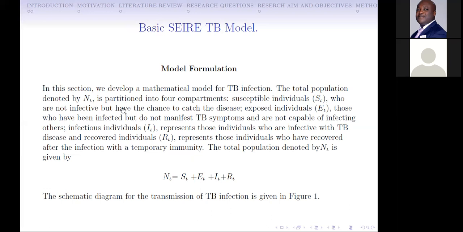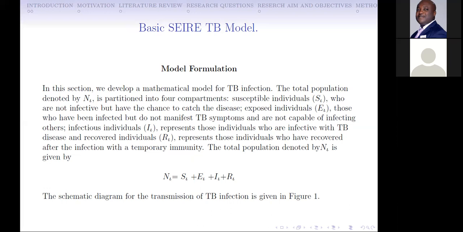We have susceptible individuals who are not infected, but they have the chance to catch the disease. Exposed individuals are those who have been infected but do not show TB symptoms and are not capable of infecting others.